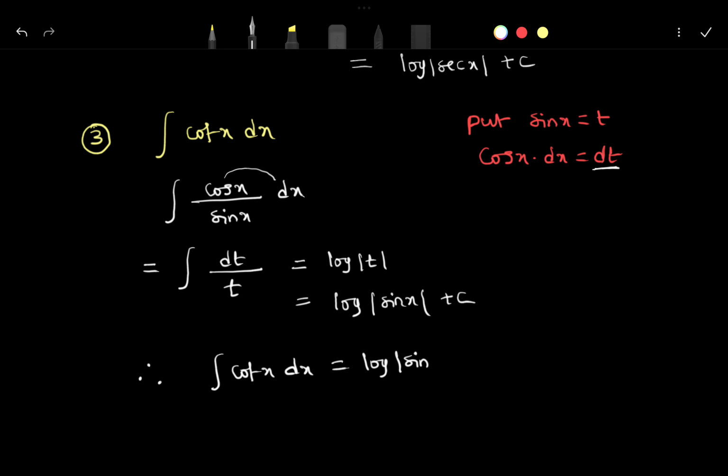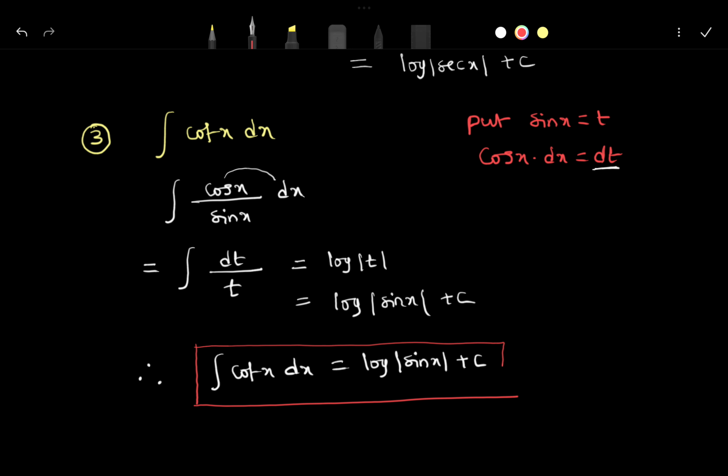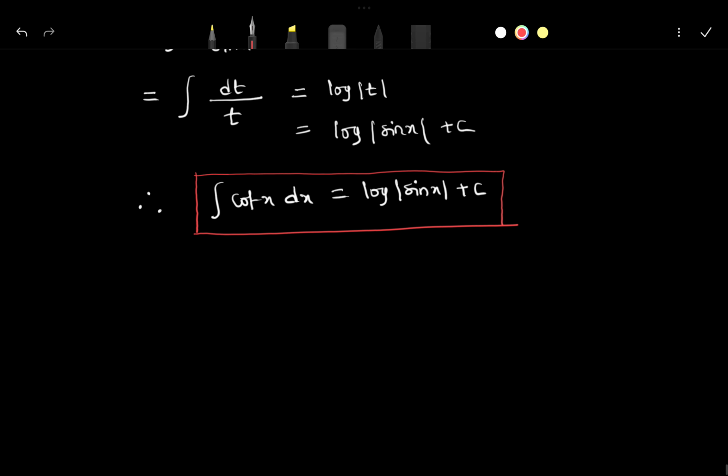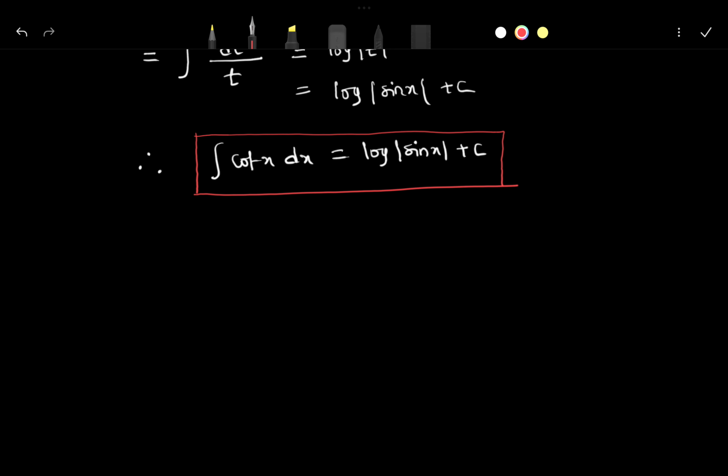This is one of the important results while doing the next model level questions. So all of you please remember how to derive the integration of cot x. Next, the integration of cosecant x. We'll see the next question.